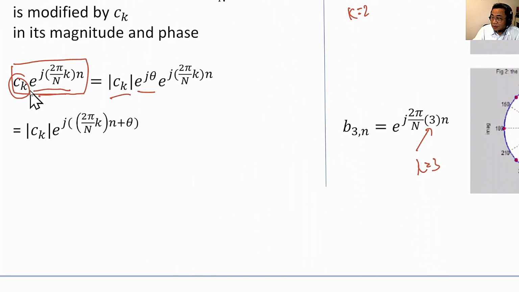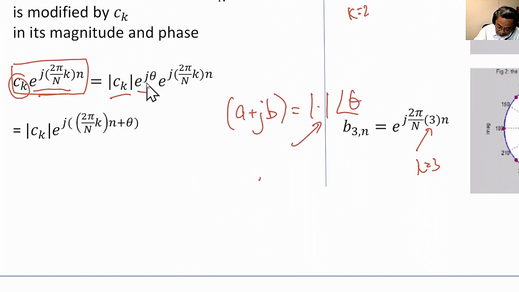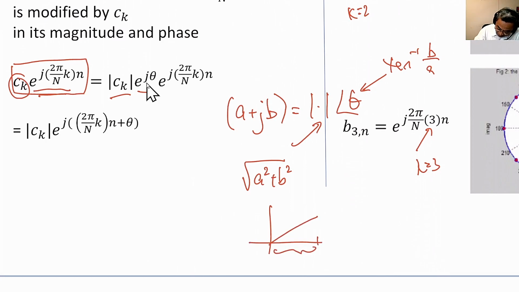So a plus jb can be represented as magnitude and theta, where the magnitude is the square root of a squared plus b squared, and theta is equal to arctangent of b over a, where this is the angle, this is a and this is jb. So this is the magnitude and this is the phase.